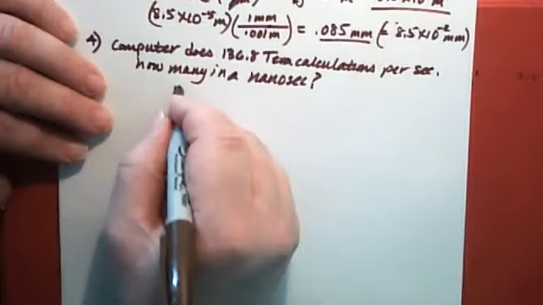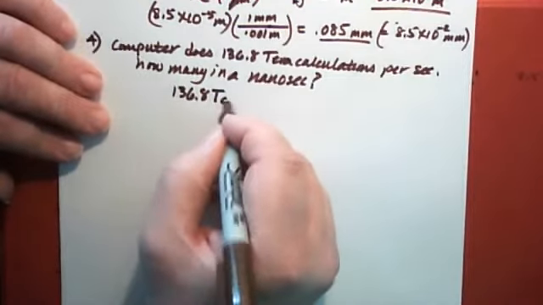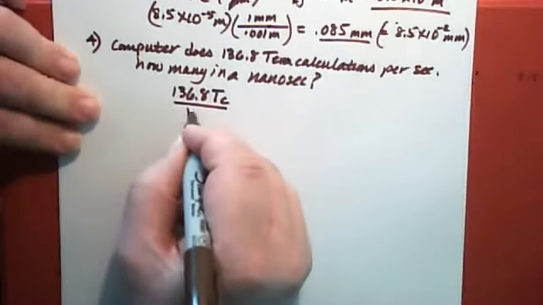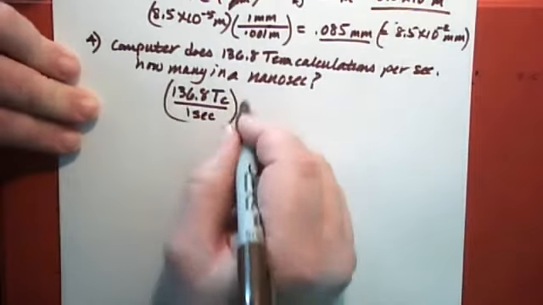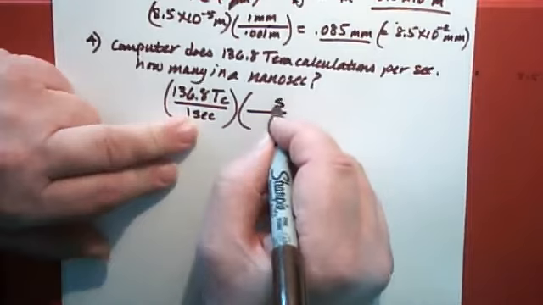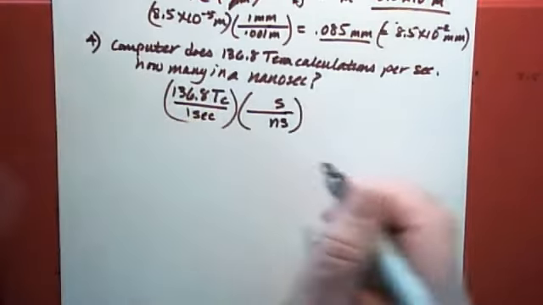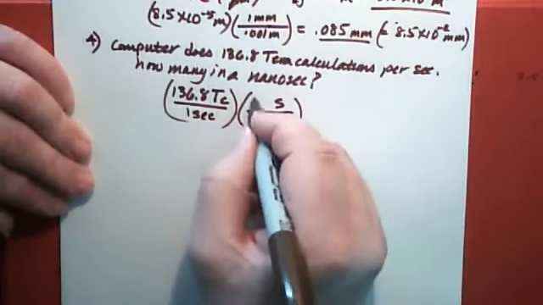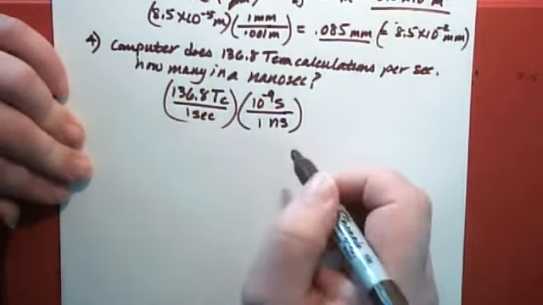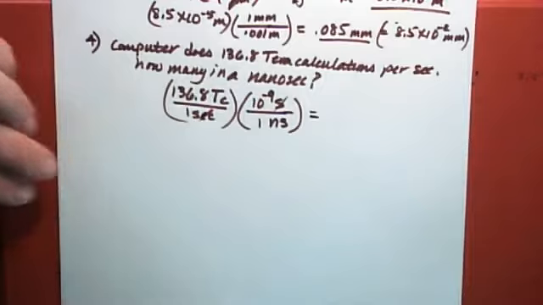Okay, well, we have 136.8 tera calculations, I'm going to call that capital T, lowercase c, for every 1 second. And the unit we want to convert is on the bottom. So we want seconds on the top of the conversion factor and nanoseconds on the bottom. And there is 1 nanosecond for every 10 to the minus 9 seconds. So seconds will cancel out, and we get tera calculations per nanosecond.